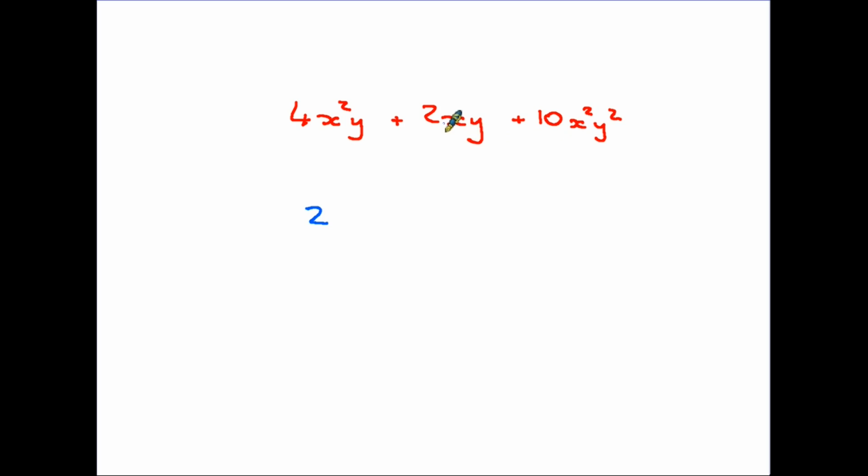We look for the one with the lowest power, which is the X. Therefore, we can take X out of every term. We move on to the Y's. We have a Y, and a Y squared. So Y is common to all 3 terms. The lowest power that exists here is the Y. So we can take a Y out of each term. We're now finished with each number and letter.